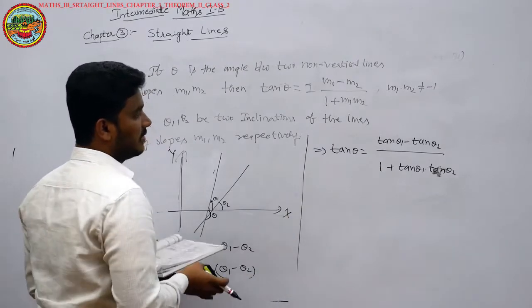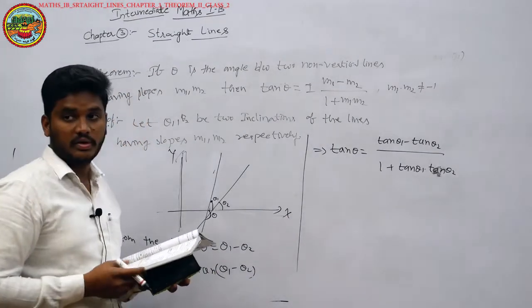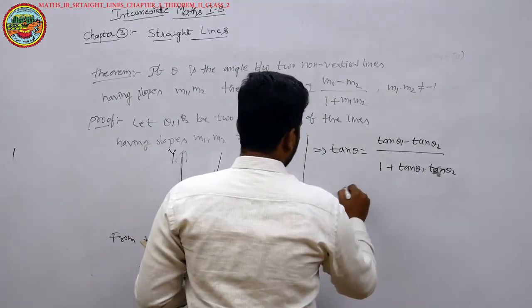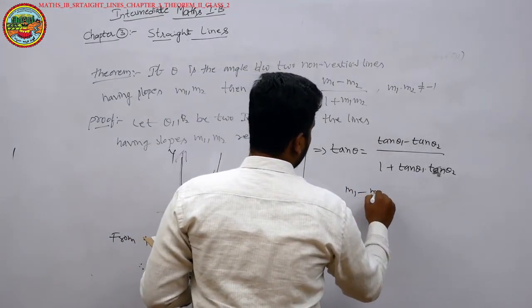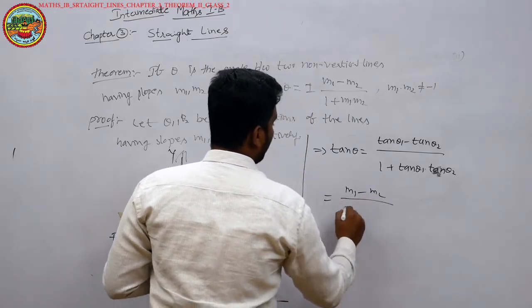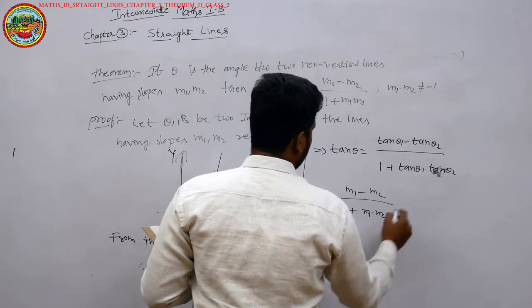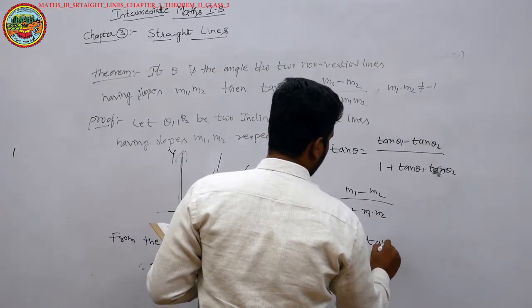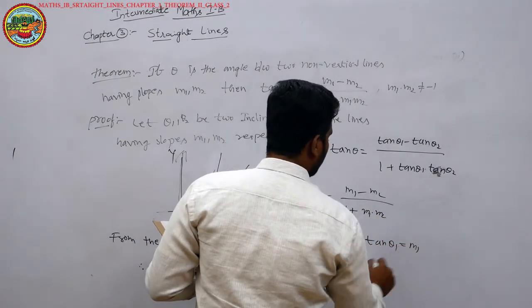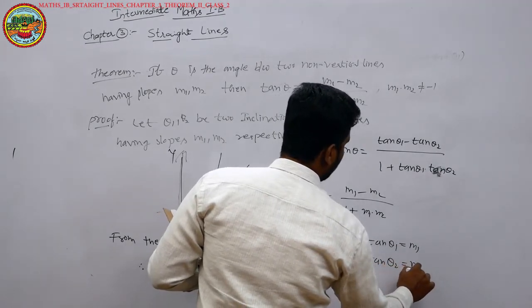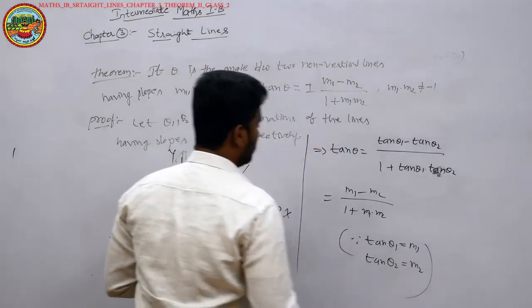So here we can write tan theta 1 means m1, tan theta 2 means m2, so tan theta is m1 minus m2 by 1 plus m1 into m2, since tan theta 1 is equal to m1 and tan theta 2 is equal to m2 are the given slopes.